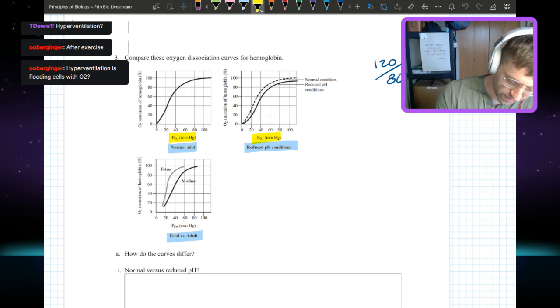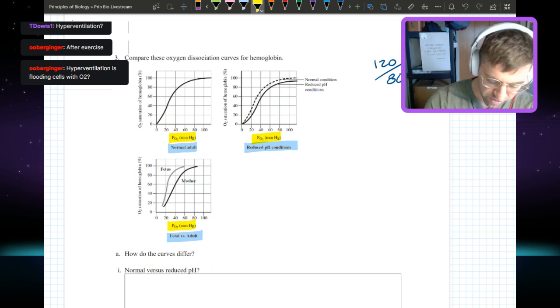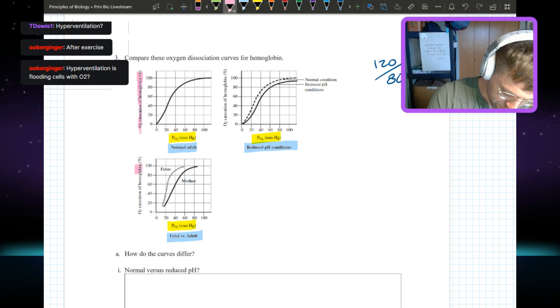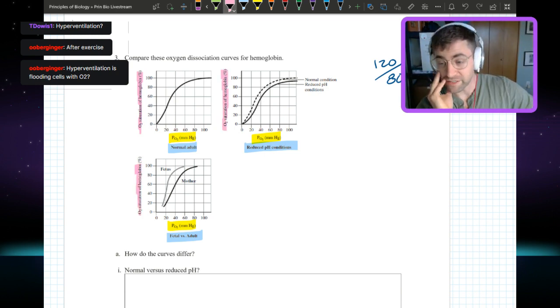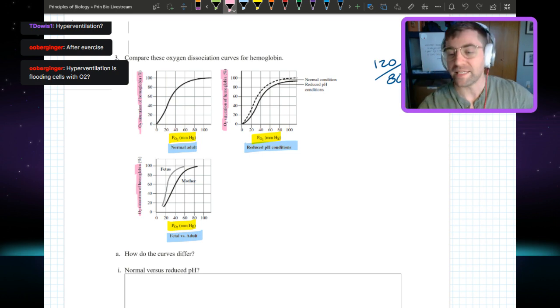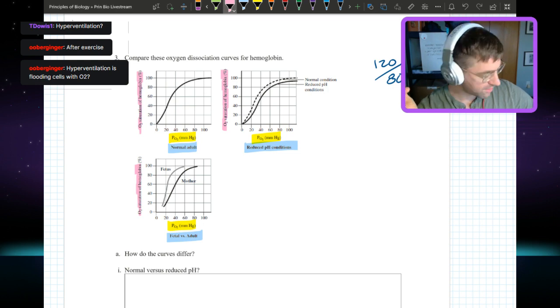It's the partial pressure of oxygen in millimeters of mercury. And our y-axis remains the same: O2 saturation of hemoglobin. I do this because sometimes my brain just turns letters and numbers into gibberish, and it doesn't make any sense. So this is a practice that helps me when I have the benefit of highlighters and multicolored pens, or a tablet in this case.